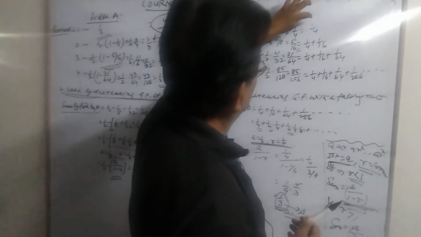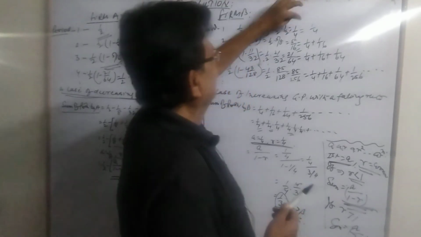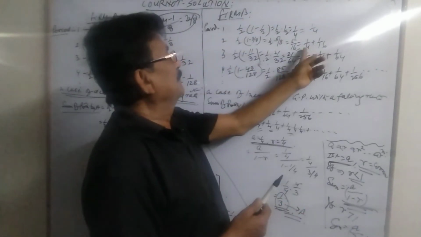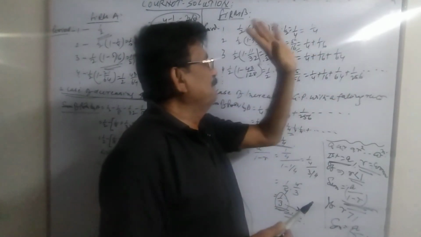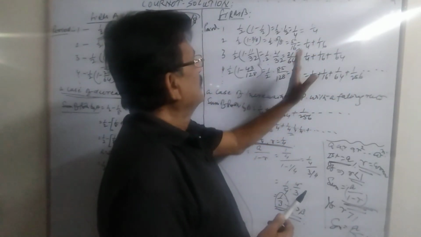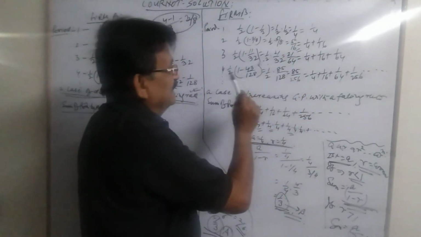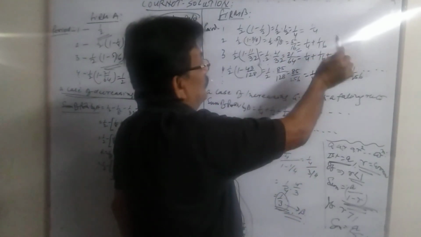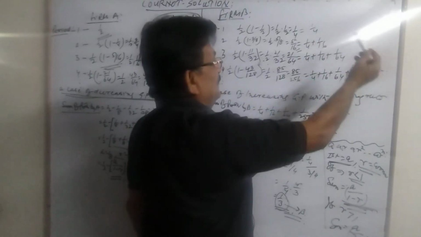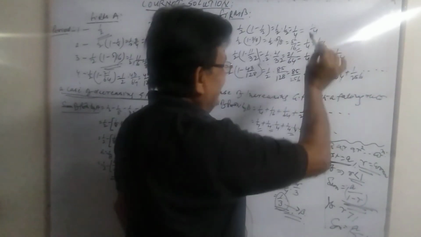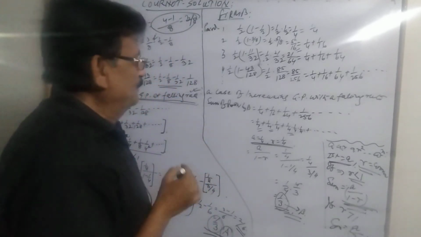This was the first period for firm B. In the second period, there is something adding up in the production. So this is an increasing GP. So now let us make a series, and the series would be made by taking the last term, increase or decrease, as we have done in the case of A.